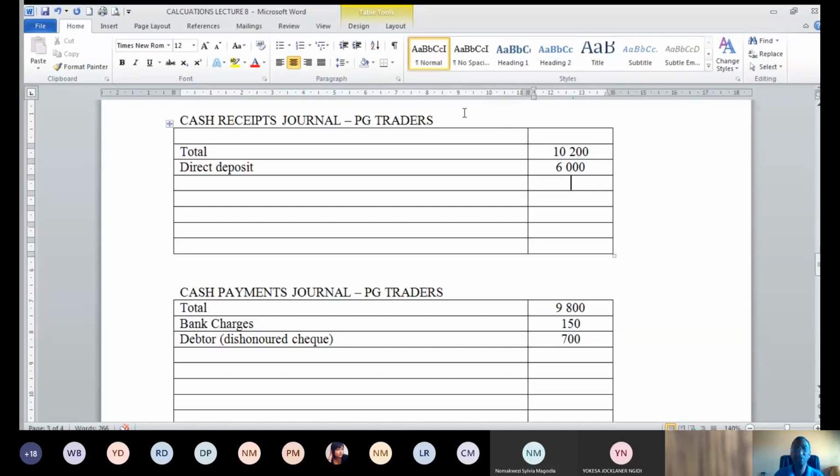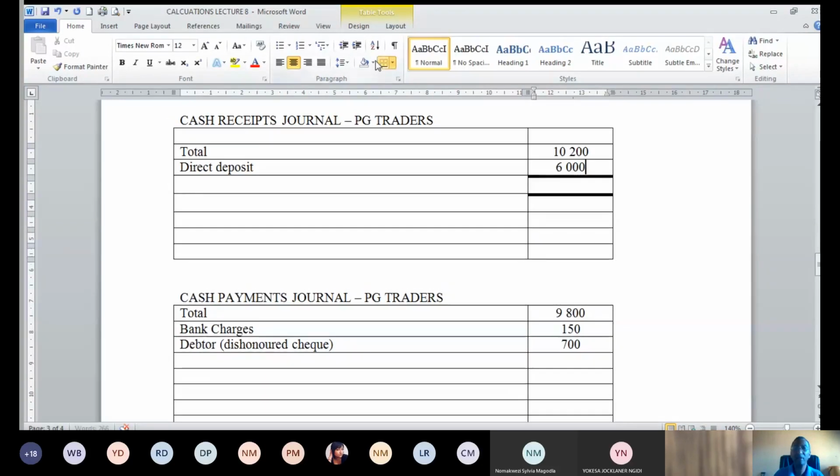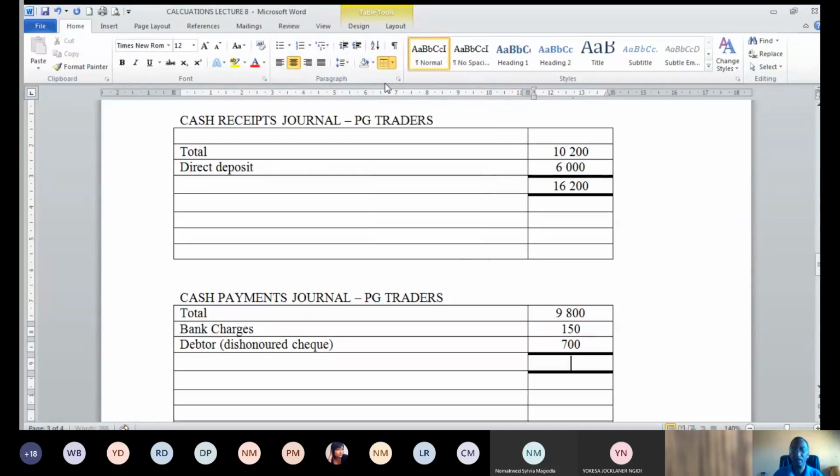So in your cash receipts journal, you add up the cash receipts journal, and 16,200 is what you will get. You add up your cash payments journal, and when you add up the cash payments journal, 9,800 plus 150 plus the 700 will give you the amount of 10,650.